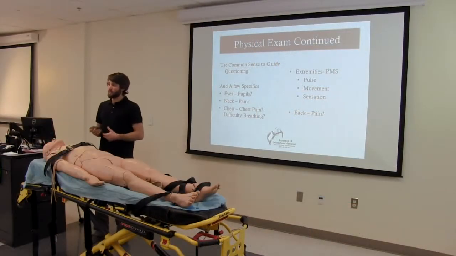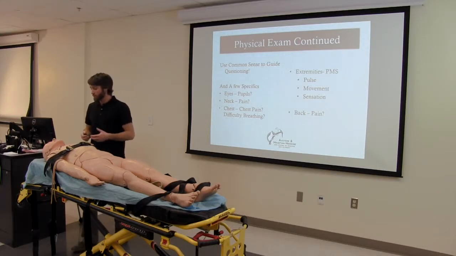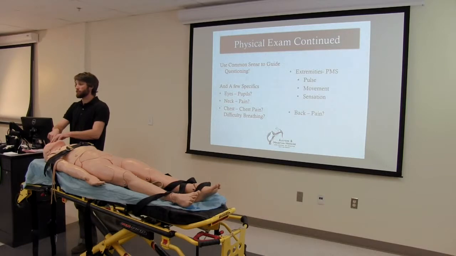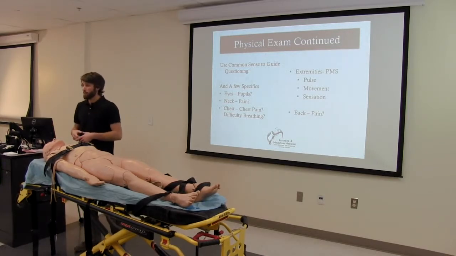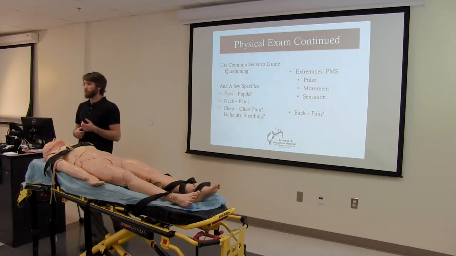There are a few specific questions that we want to ensure that we ask about, or assessment points that we want to address when we're doing our physical assessment. One of which is with relation to the eyes. We always want to take a look at the patient's pupils. Obviously, on a real patient who's able to talk to you, you can simply ask them to open their eyes. If you have a little light, we'd like to shine the light into each eye.